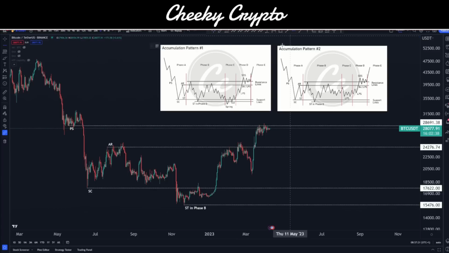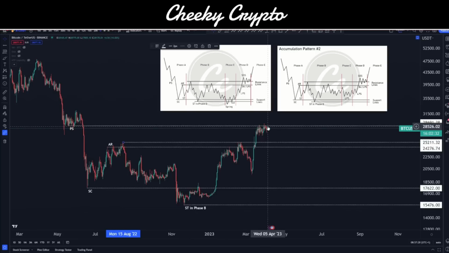And then if we draw another horizontal line up here, this will be our resistance. You can see that we've already pushed up higher than this, and that's really where this thing starts to fall down. Because how can we possibly have had a secondary test in phase B and then come up higher than our resistance? It just wouldn't have happened. So our resistance is up here, which basically means that something else is going on entirely, and not a Wyckoff accumulation pattern.